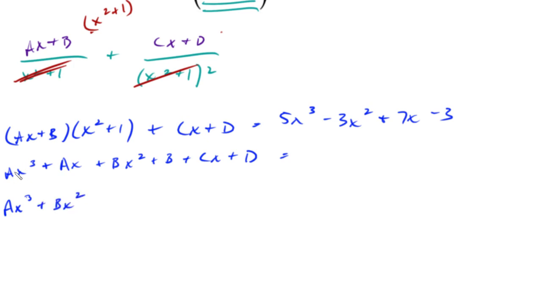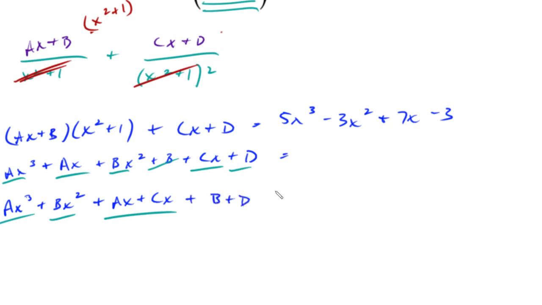We only have 1 x cubed, we only have 1 x squared. We have 2 x terms, so they combine here. And then your b and your d combine as well at the end here. And that still equals the same thing. So factor out your x.